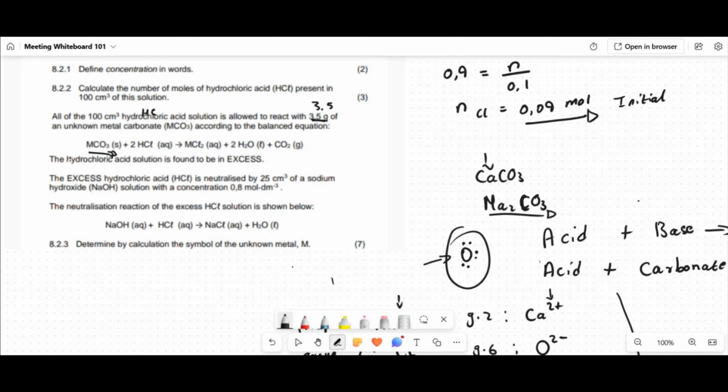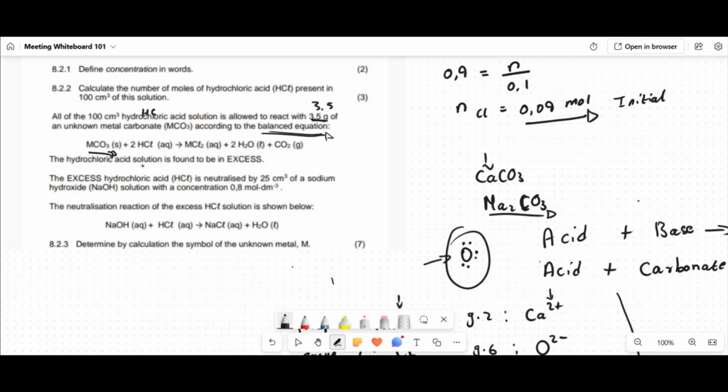Now, they said the equation is balanced. Make sure that the equation is balanced always. The hydrochloric acid is found to be in excess. You hear the statement now. The hydrochloric acid is found to be in excess. But for someone like me, it was not important because I know a precipitate is always the limiting reagent.